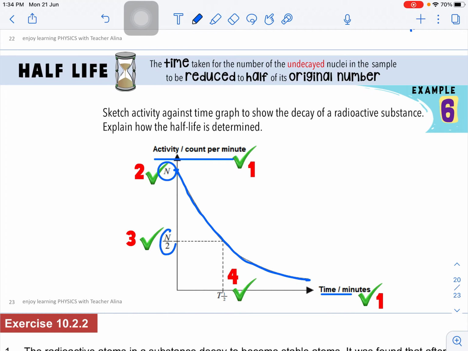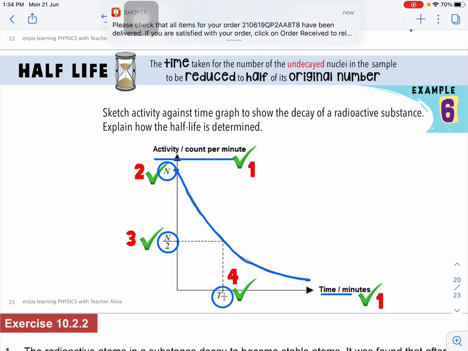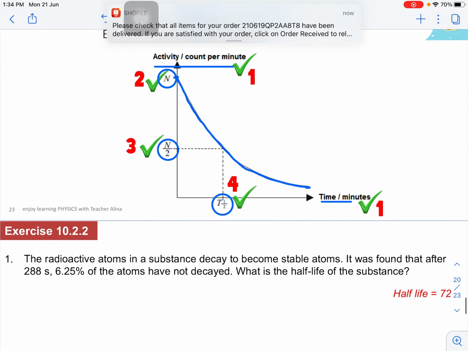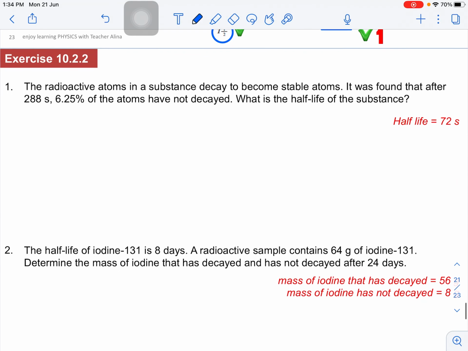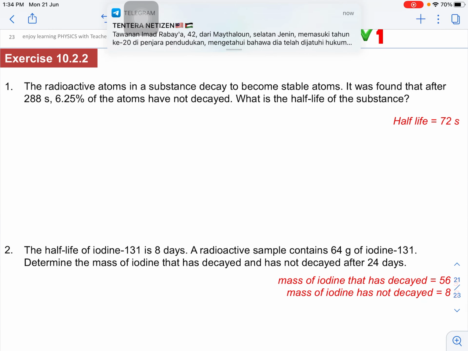After that, we label half of N0 and draw a dotted line horizontally, touching our exponential graph, and then draw a dotted line vertically to intercept the time axis. The value at the intercept on the time axis is our half-life. That is what we have to understand about the half-life.